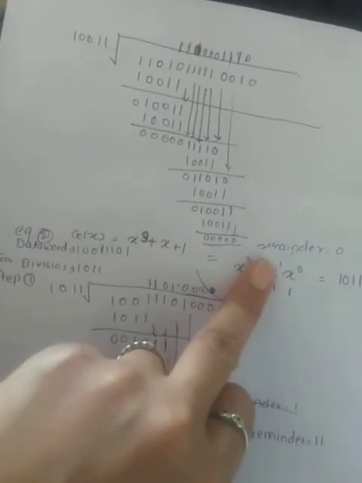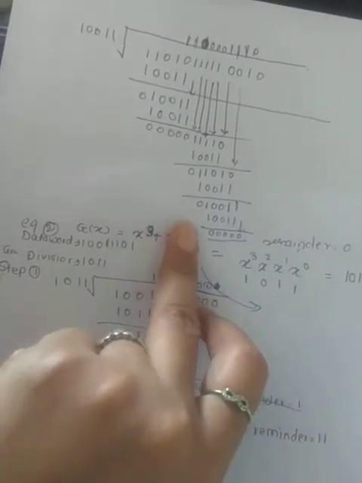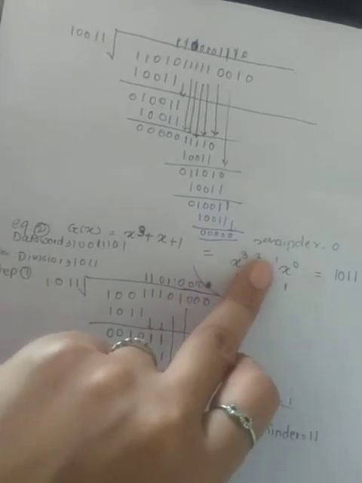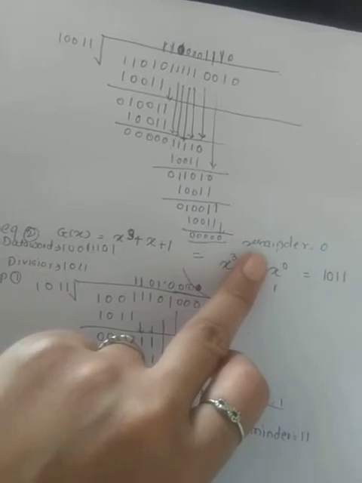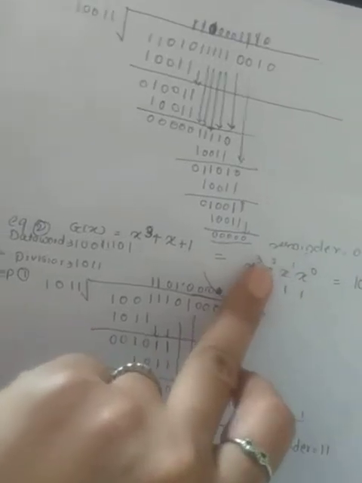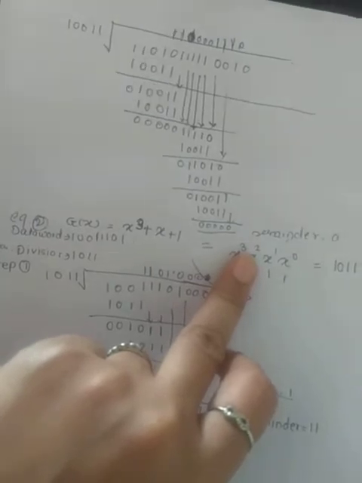Some error has occurred in the data received by the receiver. So by using the CRC checking method, we find out whether the data received by the receiver is error free or not. For that it uses a generator polynomial method, that is the CRC generator.